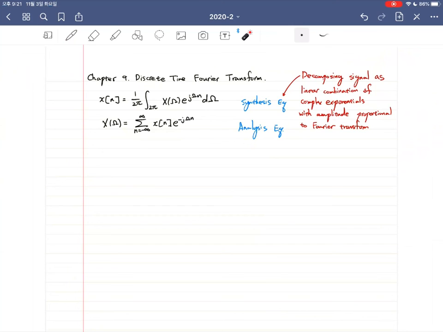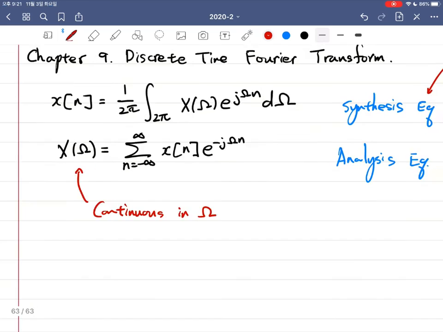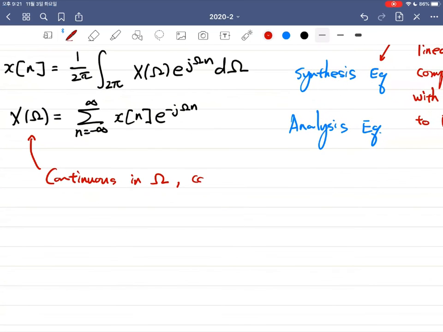And also please note that this X of omega is continuous even though x[n] is discrete. So it's worth writing it down. This is a continuous function in the frequency domain, and also it is complex valued.